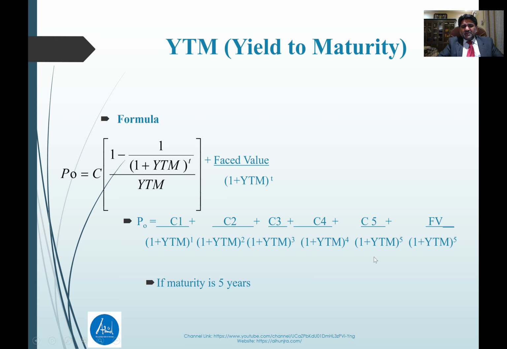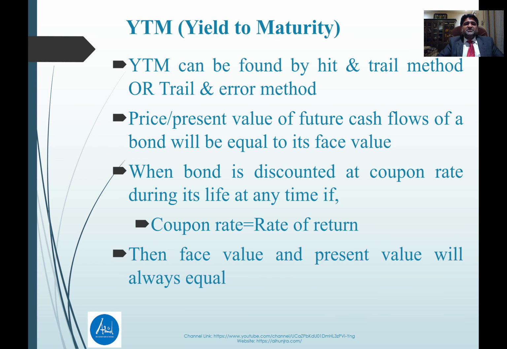I suppose we are taking the example of the previous question, where maturity is 5 years, plus what is this? This is the face value. Always the bondholder will get the face value at the time of maturity, divided by 1 plus yield to maturity raised to the power 5. How can we find the yield to maturity? Yield to maturity can be found by hit and trial methods, or trial and error methods.